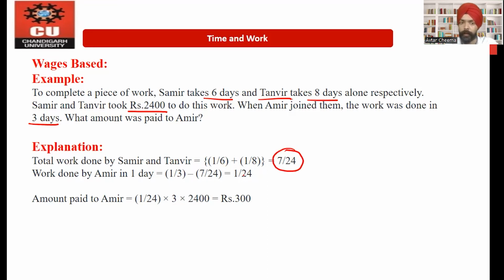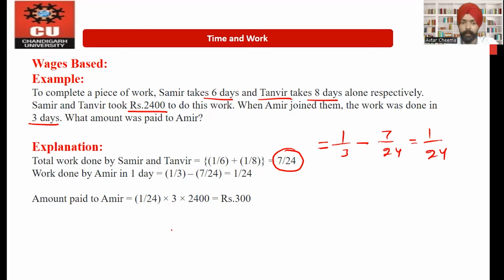So in total they are completing 7/24. But actually, when all three are working together, they are completing 1/3 of the work, because they are completing the work in 3 days. So if I subtract the work of Samir and Tanveer from the total work, we get the work of Amir. That is 1/24.